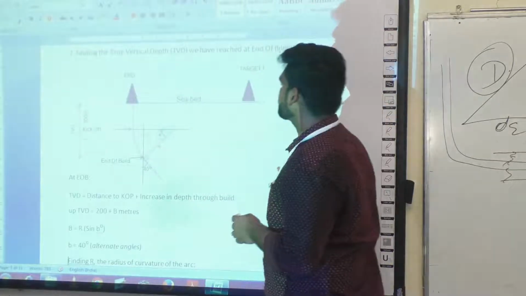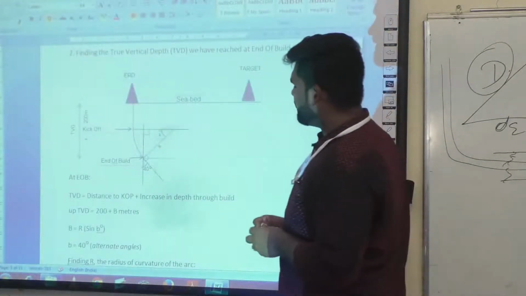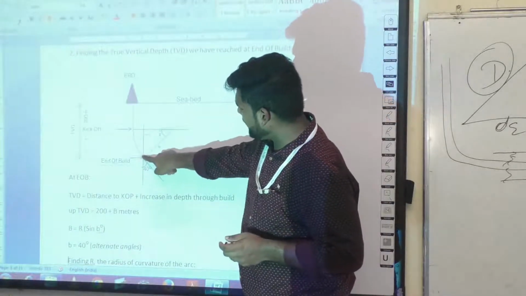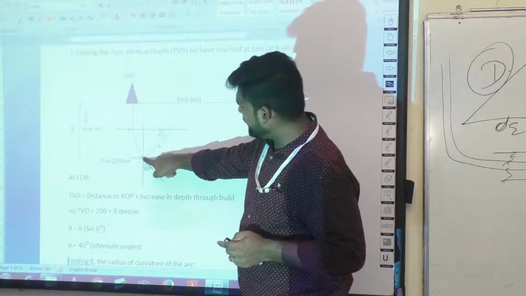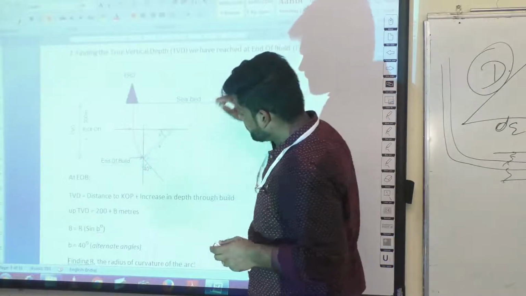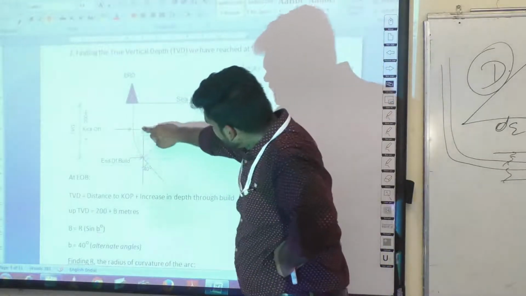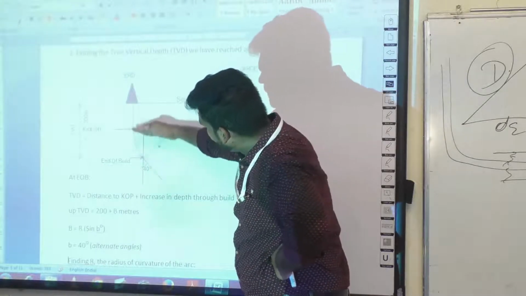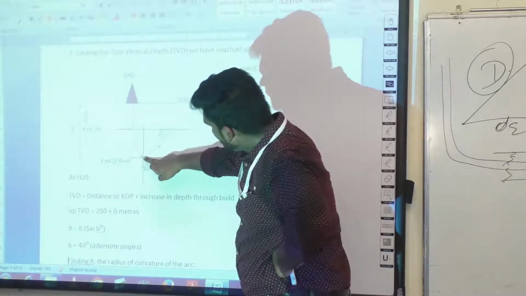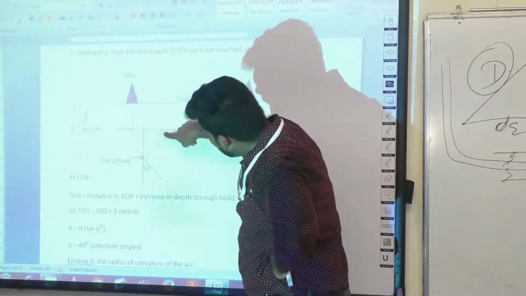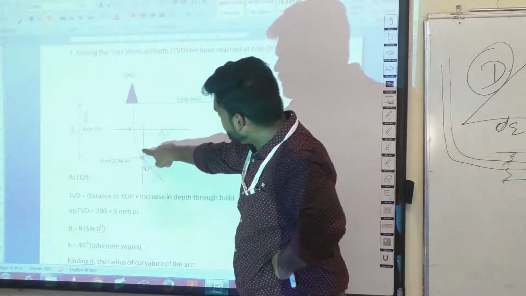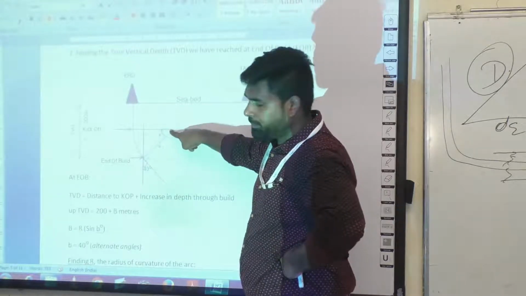Tell me. So with the data they have given us, at the end of build you have 40 degrees, right? At the end of build you have 40 degrees. So you are taking this as true vertical depth from here to here, right? If you know this angle, B degree is 40 degree, because the end of build is 40, so this angle will be here.